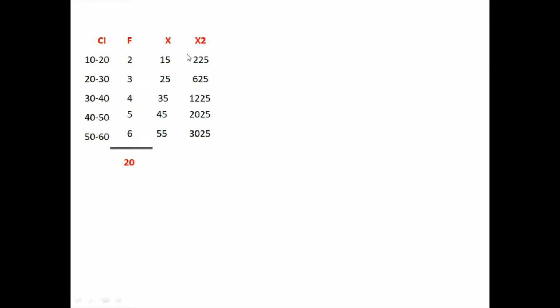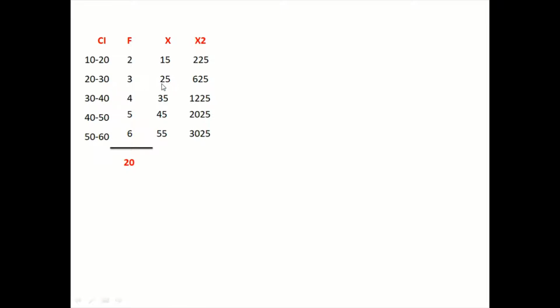Here we are, x. What is here is the midpoint of the class interval is x. You can see 10 plus 20, 30. 30 divided by 2, 15. Got it. 20 plus 30, 50. 50 divided by 2, 25.